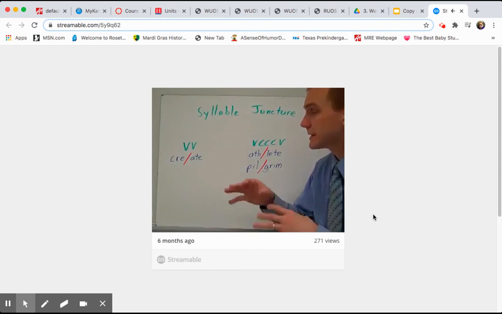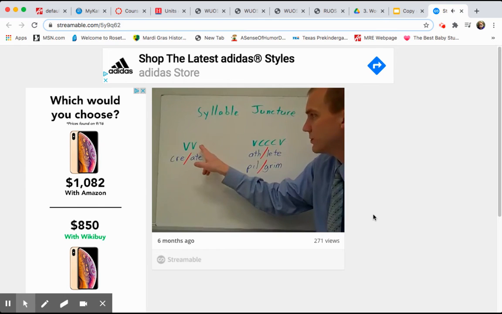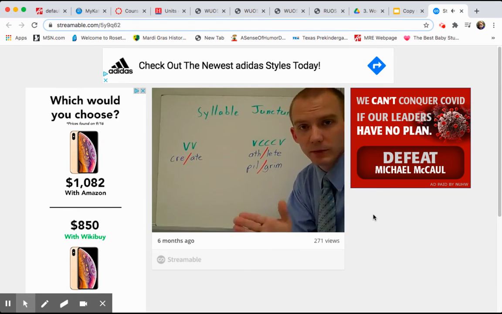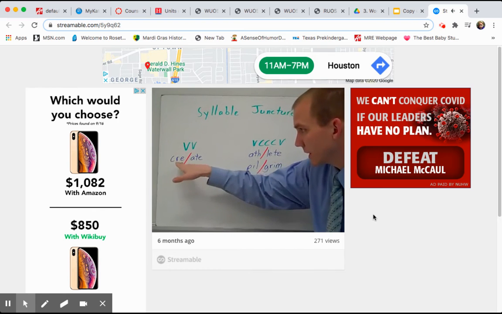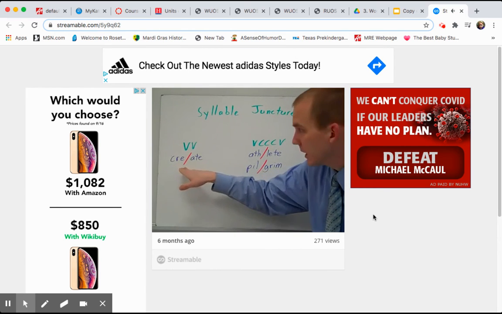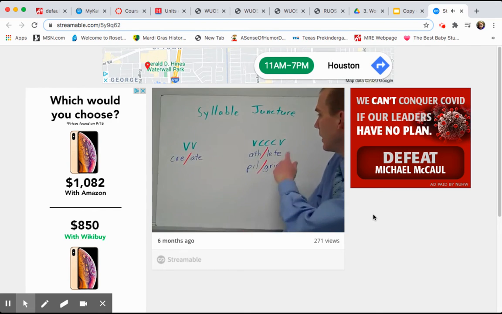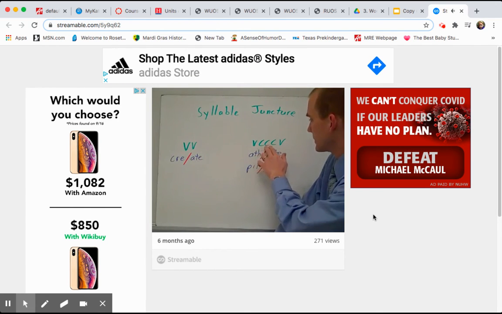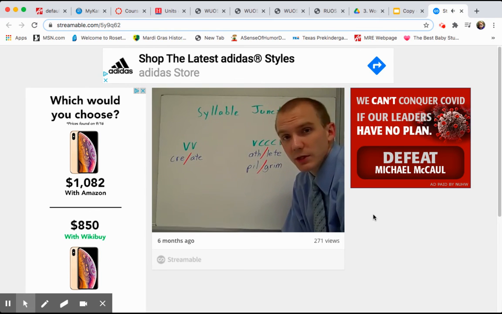In this part, we're looking at syllable juncture. So we're looking at where the words break apart, specifically when you have two vowels and the break in between them. So you have create, and your syllable breaks between the E and the A. Notice it's an open syllable, and you can actually hear the A, create. And then you have your vowel, consonant, vowel juncture, which can break in two different spots.